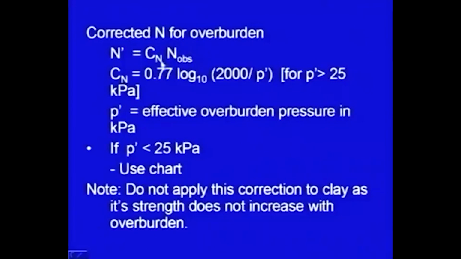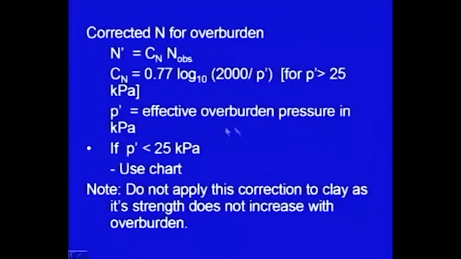This is the observed value in the field, and C n is the correction factor. It is given as 0.77 log to the base 10 of (2000 divided by P dash), and this equation is applicable when P dash is more than 25 kPa.